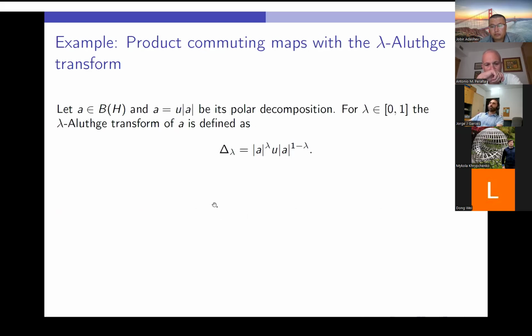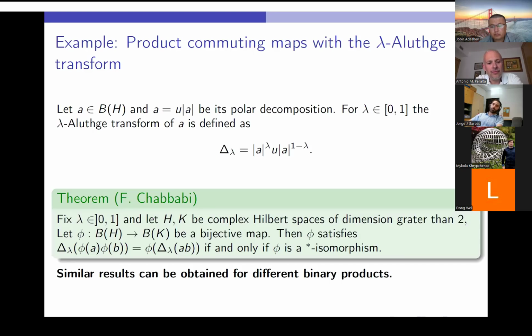Some other examples, for instance, there is some notion called the delta Aluche transform that is defined here. We don't need to get into too many details, but there is, for instance, this result by Chababi that says that a bijective mapping that preserves the delta Aluche transform for products of operators is a star isomorphism.